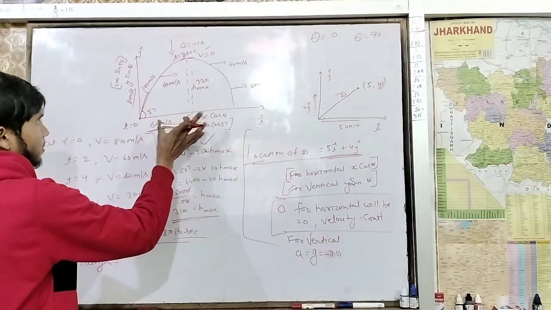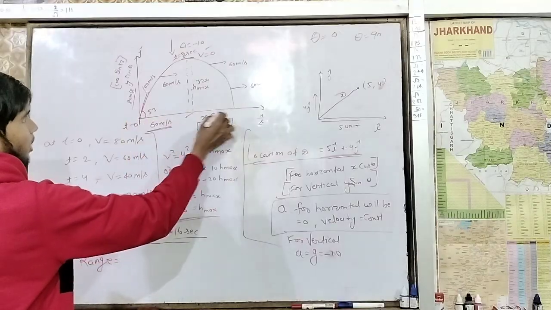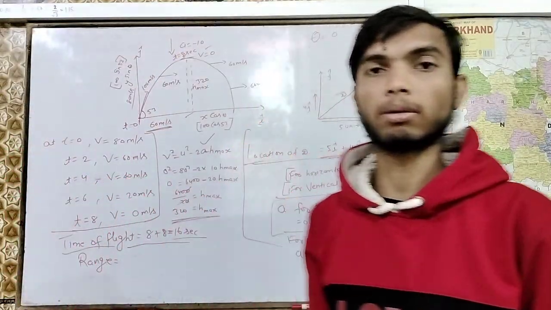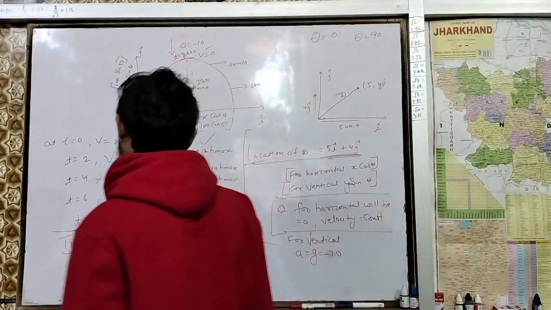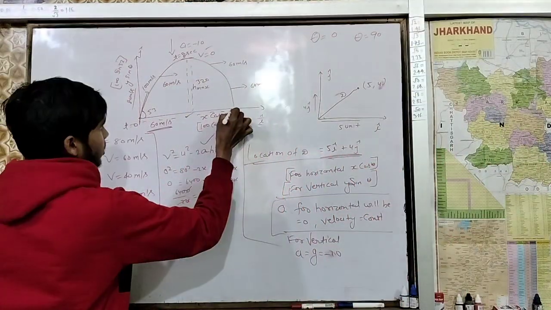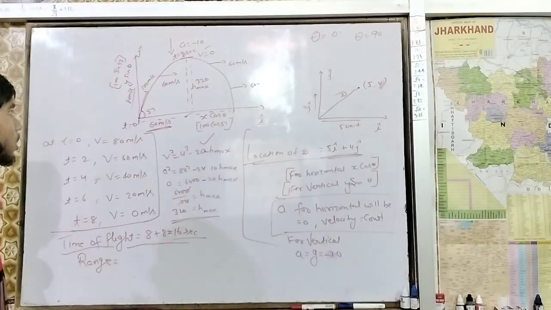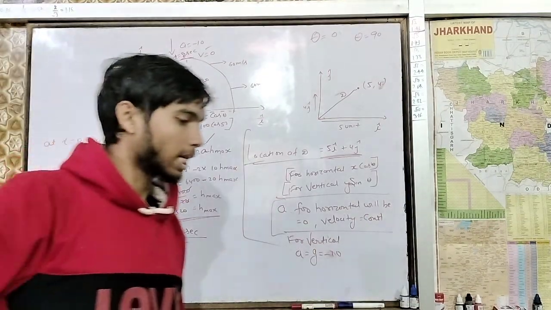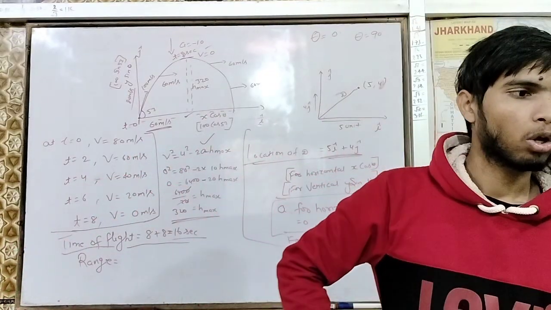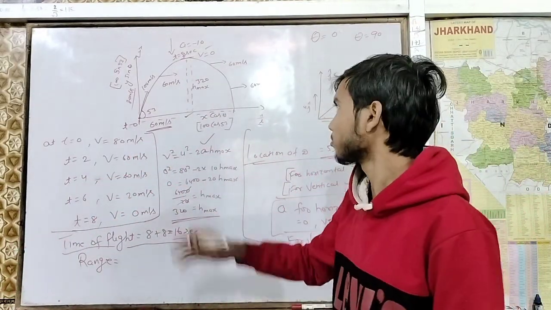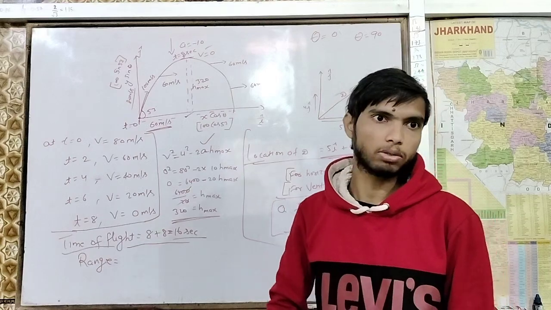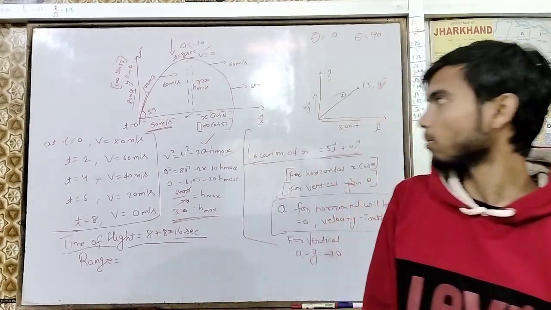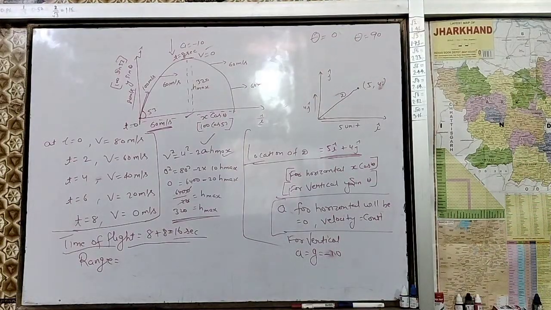Here we take the displacement horizontally from initial till the place where the stone came to rest, from here till here. In that case, acceleration is 0 and time is 16. Initial velocity is 60. So of course we can use the same formula.